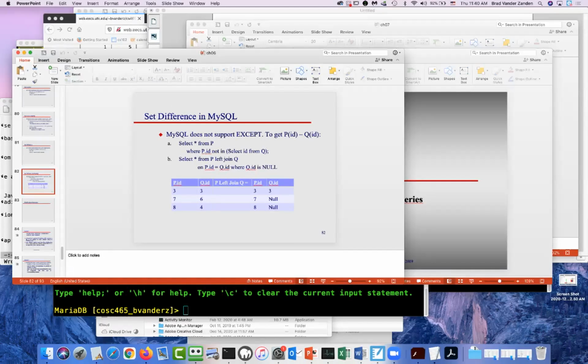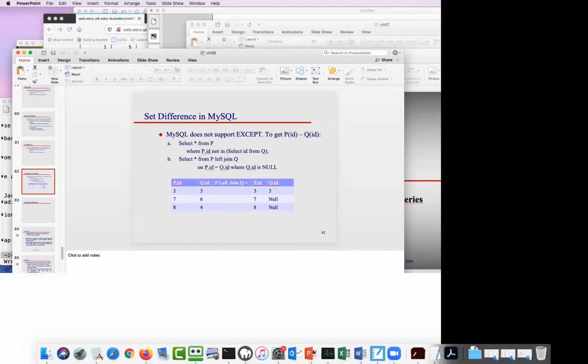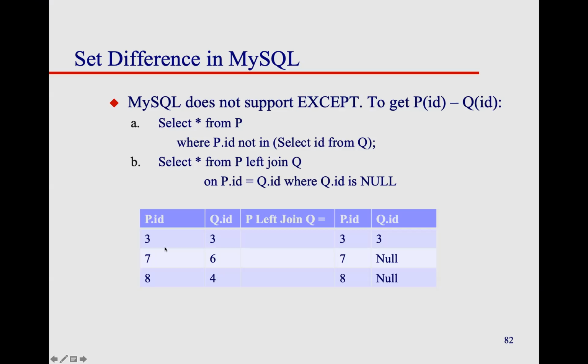So we ask whether 3 should be in the result, but we find that when we do the select statement, 3 is in fact in Q. So it would not satisfy this predicate. 7, on the other hand, would satisfy this not predicate because 7 is not in the IDs that you get from Q. And 8 is the same way, it's not in the IDs you get from Q.